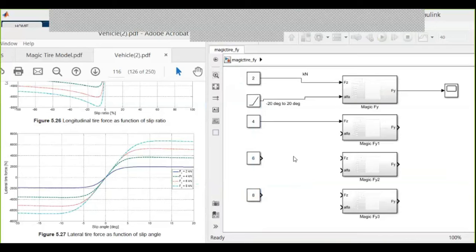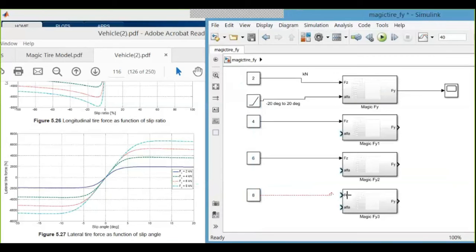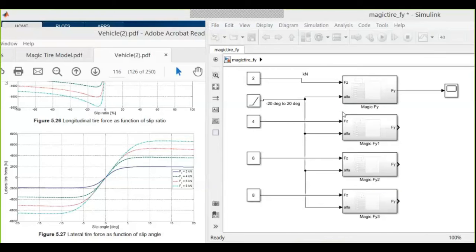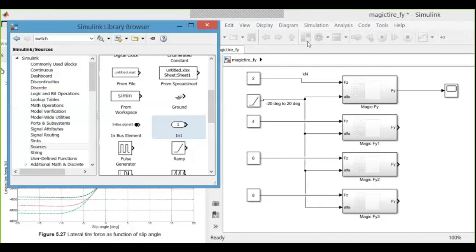Okay, so connect to the Fz, and then alpha, the same alpha from negative 20 to 20 degrees. We need the same alpha for each block, and when we want to compare, use marks.